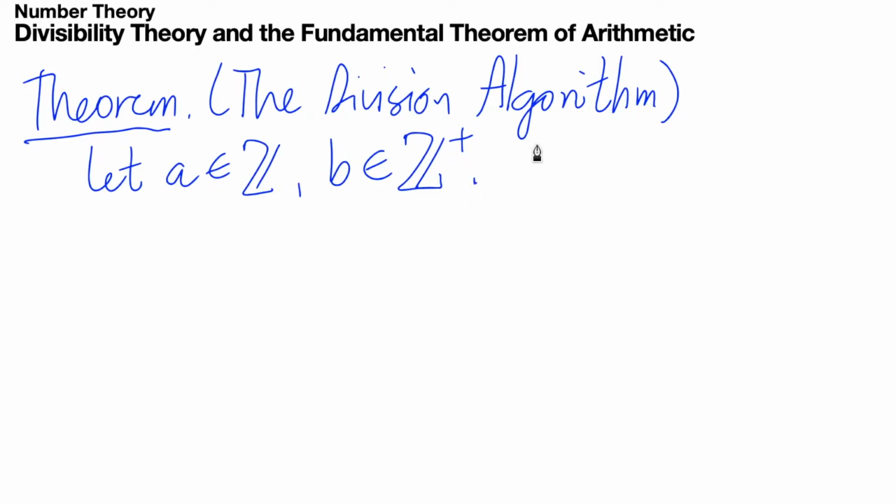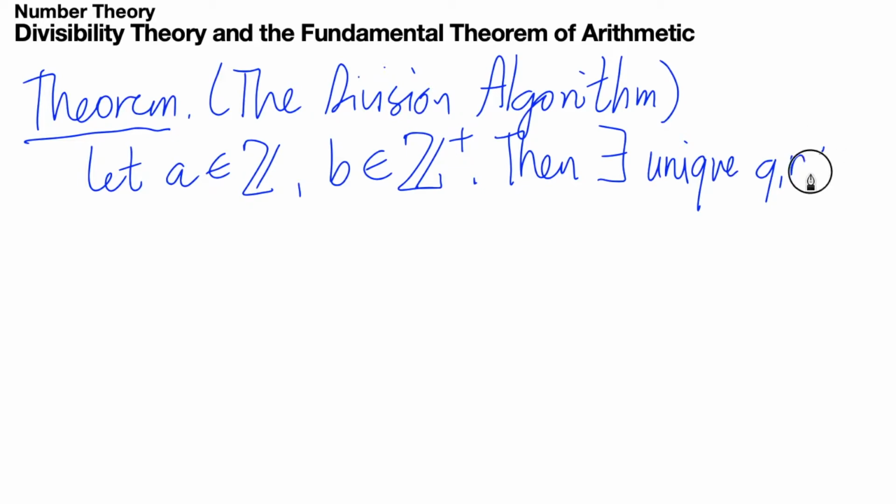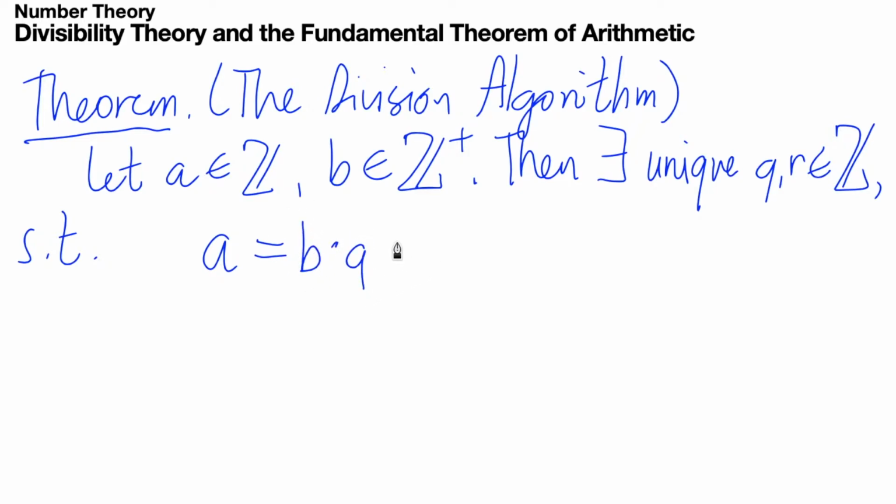Then there exist unique integers q and r such that a equals b times q plus r.